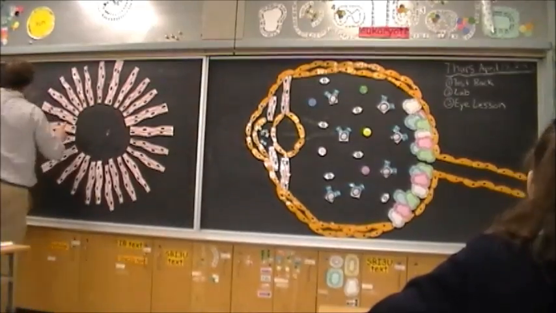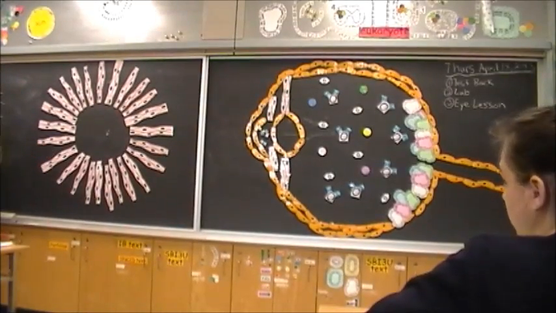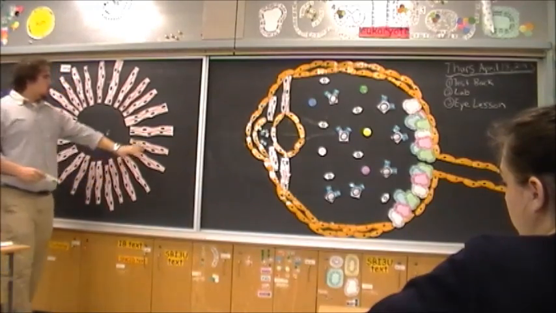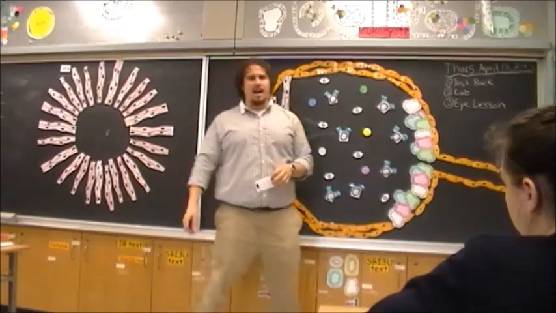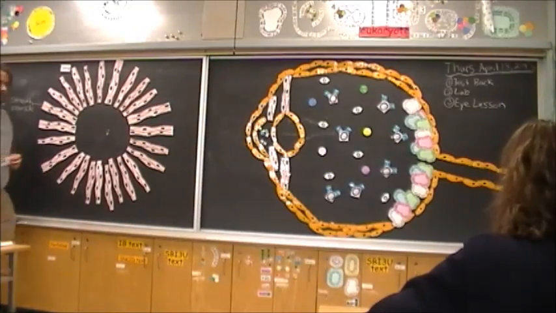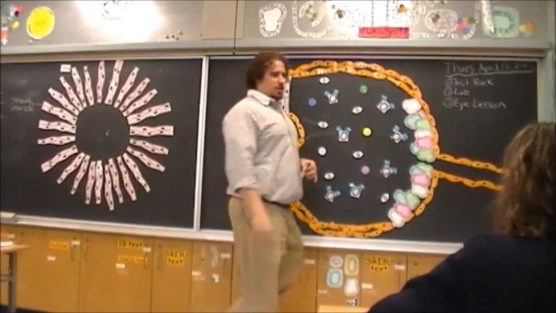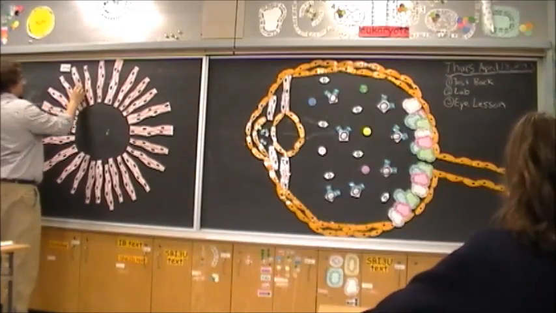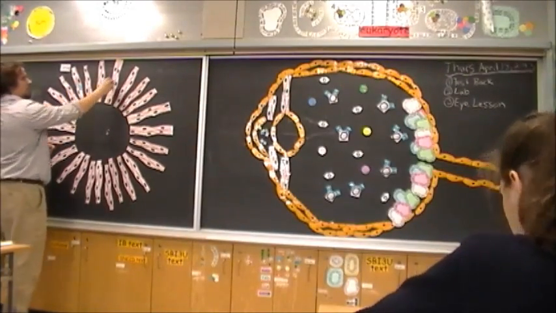So, this is our eye looking straight on, okay? These lines, this outside portion here, is called the iris of your eye. The pink cells are smooth muscle cells. Then we have proteins.